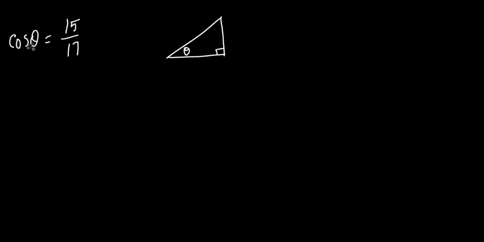The cosine of theta is 15 over 17, so this would be the adjacent, and this would be the hypotenuse, to this angle. So what side's going to be the 15? This side right here. What side's going to be the 17? The hypotenuse, right there.